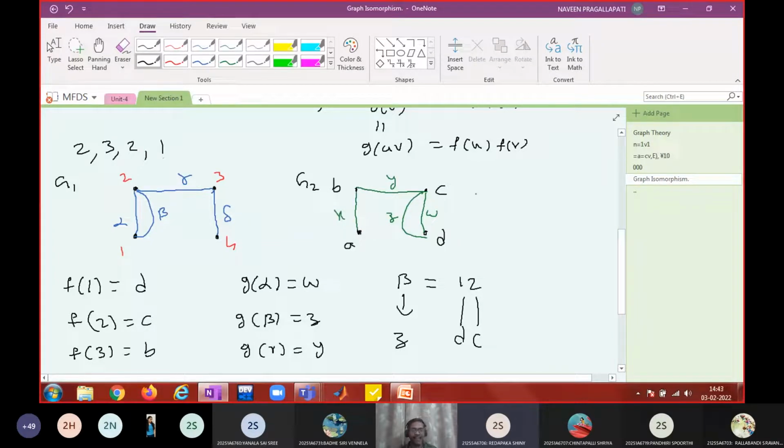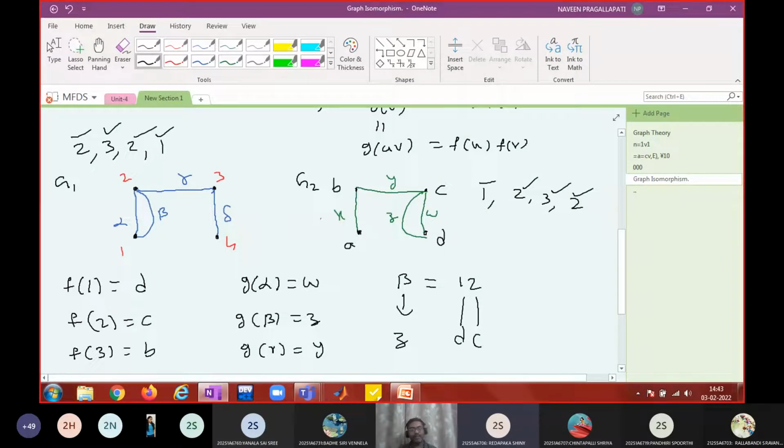And what is the degree sequence of A? A is 1, and this is 2, and this is 3, and this is 2.